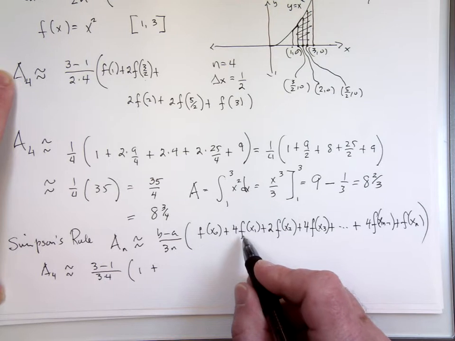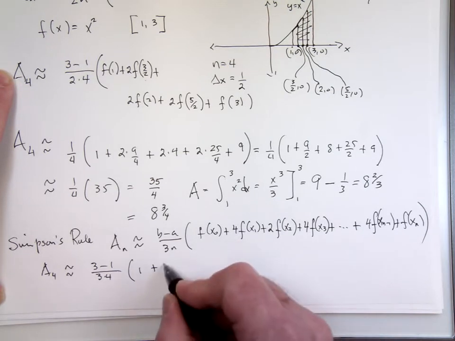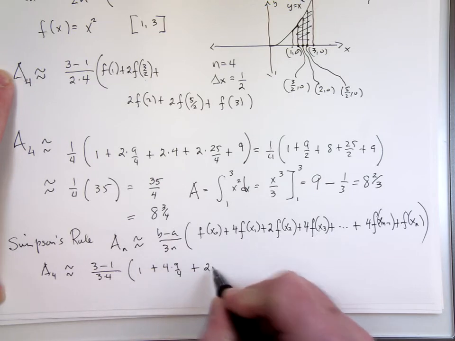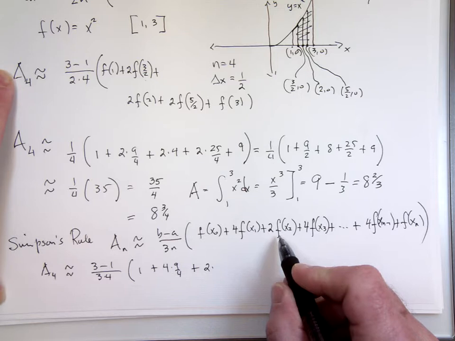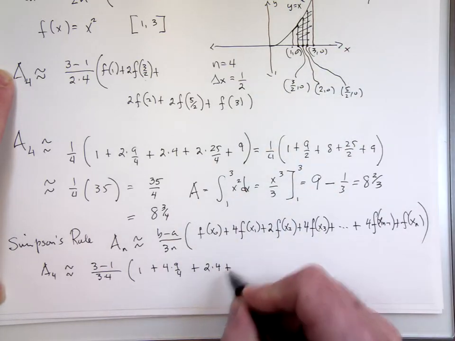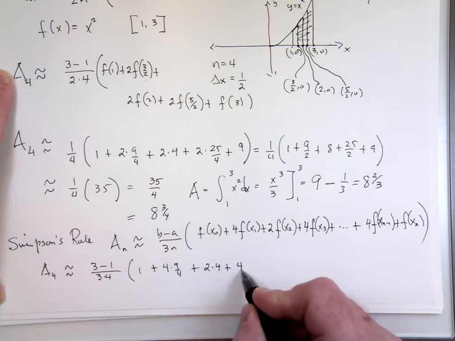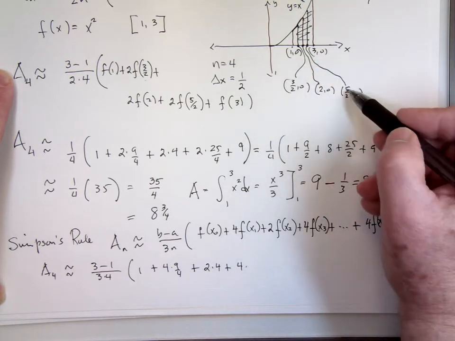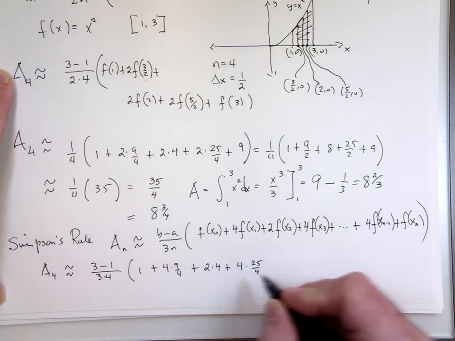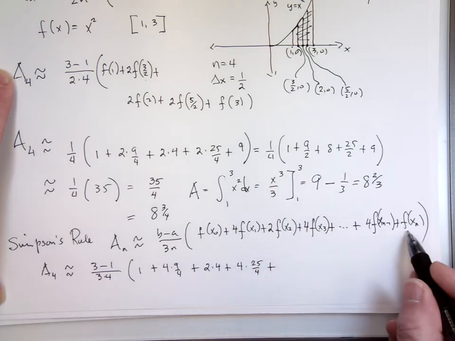Now, f of 3 halves is 9/4. We got 4 times 9/4, plus 2 times f of x sub 2, that's 2 squared, 2 times 4, plus 4 times f of 5 halves, which is 25/4, plus f of 3, which is 9.